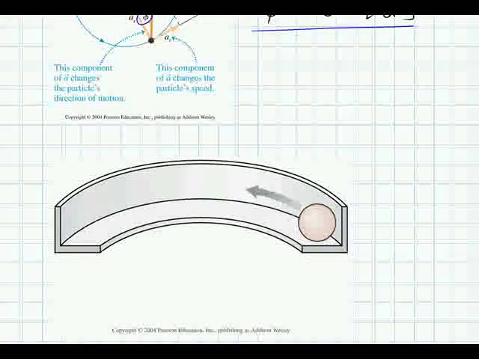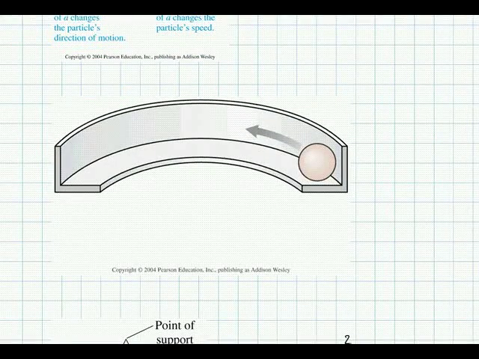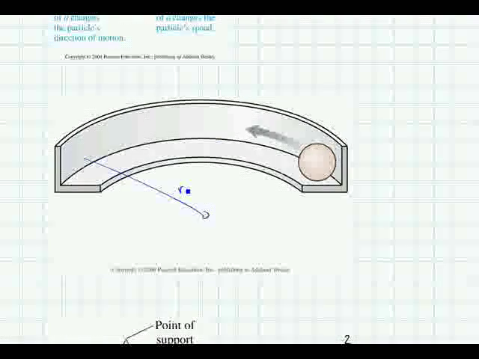Now, here what I'm showing is a ball going around a circular path of radius r, let's say.